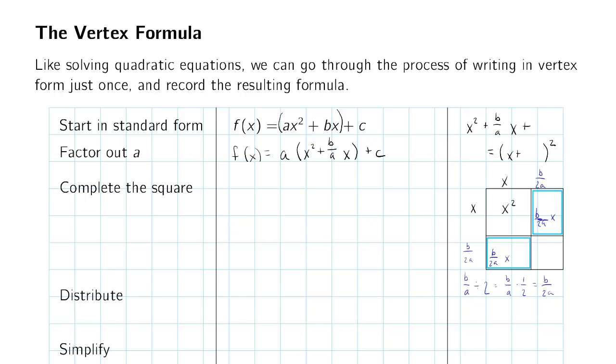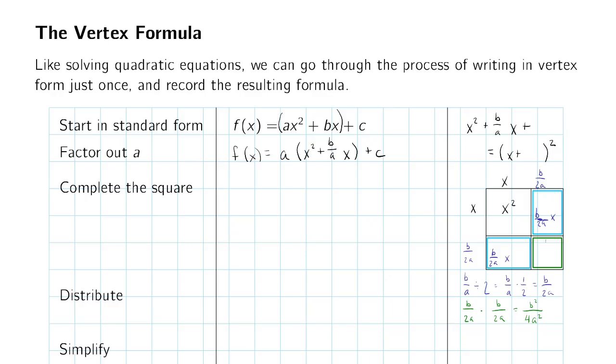And so our missing piece, the square in the bottom right corner, is going to be b over 2a times another b over 2a, which is going to be b squared over 2 times 2 is 4, a times a is a squared.